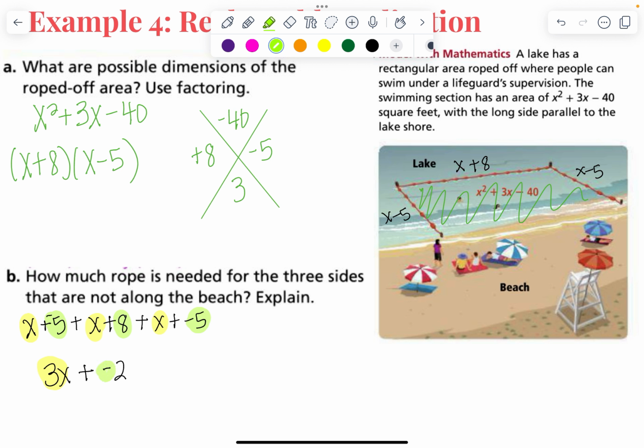So 3x plus negative 2 feet. They're telling me that it's in feet.